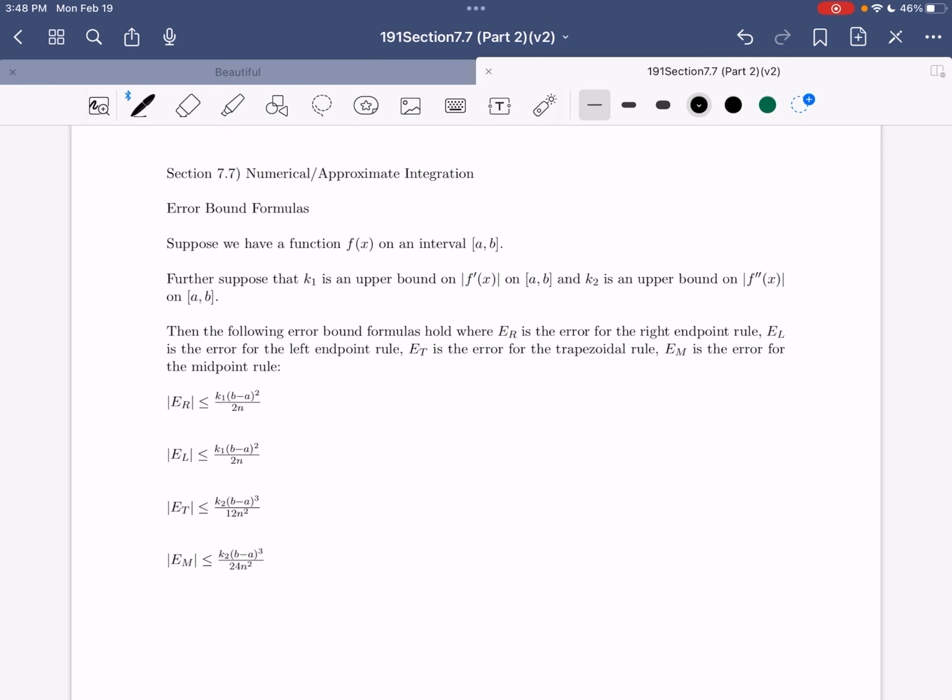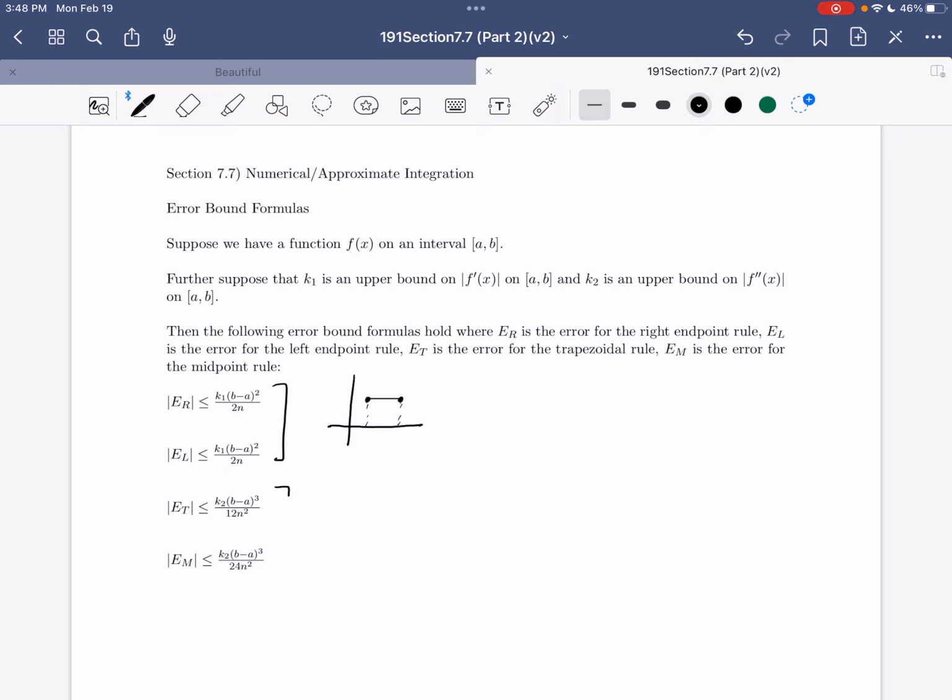And that should make sense, right? If you want to diagram that out, the only way the left endpoint and right endpoint approximations are totally accurate is if you have some function that over the interval you're working on doesn't change at all. In other words, it's a straight horizontal line. It's something where the first derivative is 0.